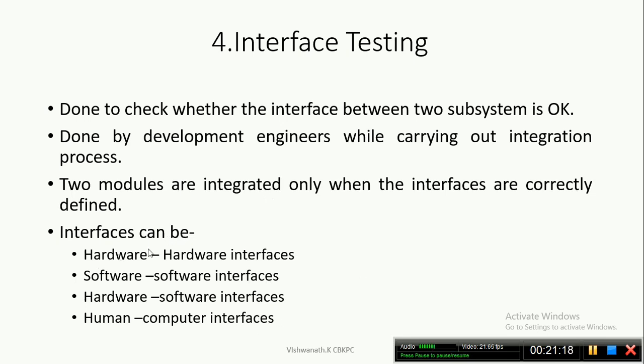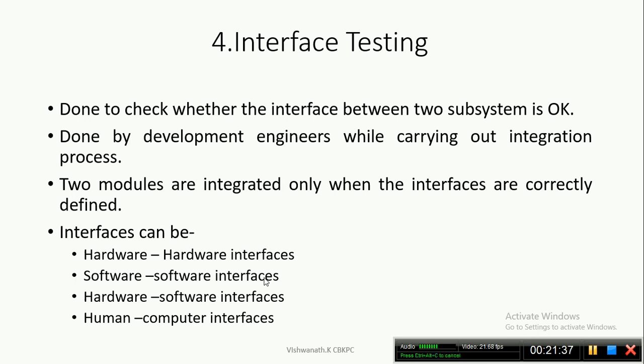The first one is the hardware to hardware interface. Hardware to hardware interface means we are integrating two different hardware devices, for example, the interconnection of two computers using LAN cables.